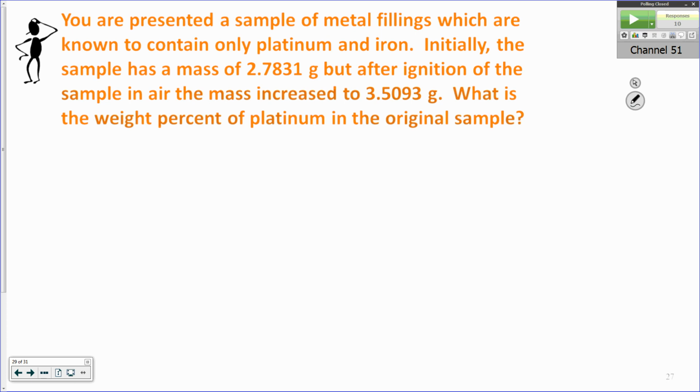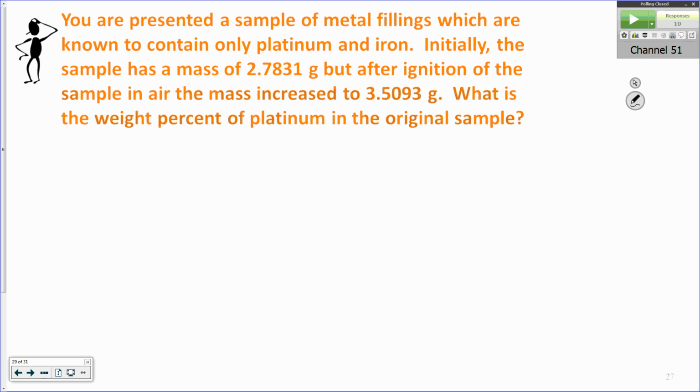So this one would require some knowledge of what's going to happen with some chemistry. What can you tell me about platinum and iron in terms of metals? Platinum's unreactive. It's inert. Like gold, it's one of the most unreactive metals. And we know iron will react with oxygen and produce iron oxide.